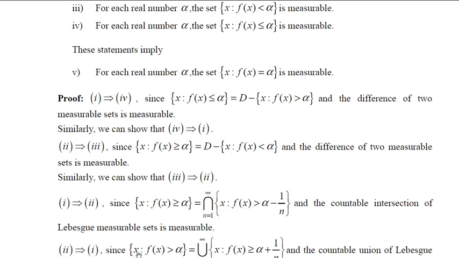The set of x for which f of x is greater than alpha can be written as the union of all those x for which f of x is greater than or equal to alpha plus 1 by n.